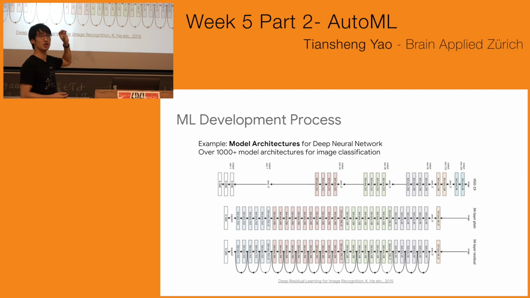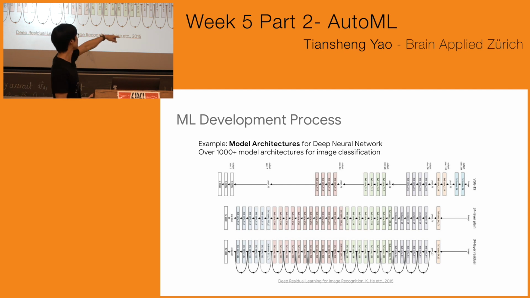These are actual models people used in the real world around the year 2015. These models are used for image classification. Each box is called a layer, and different colors stand for different transformation functions. The edges show how these layers are connected.